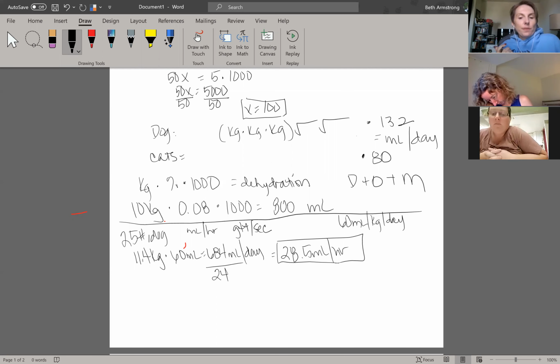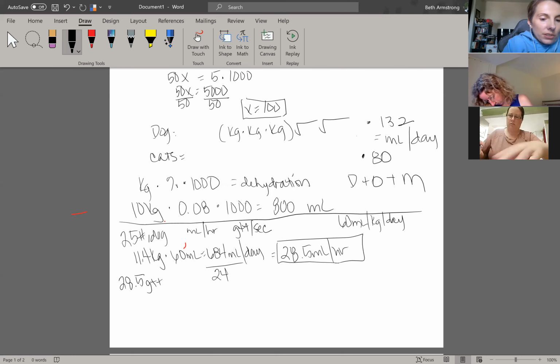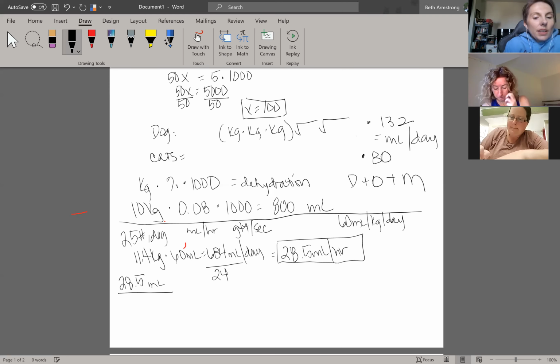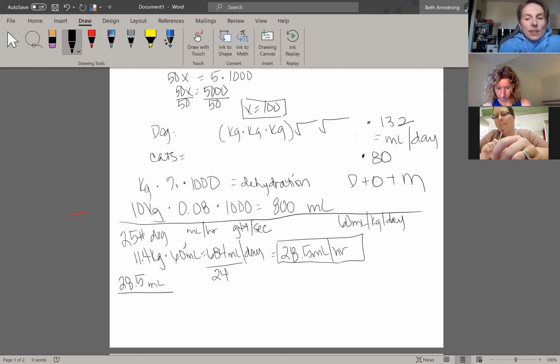Now we have to figure out drips per second. So we have 28.5 mils, and now we have to figure out how many seconds are in an hour.